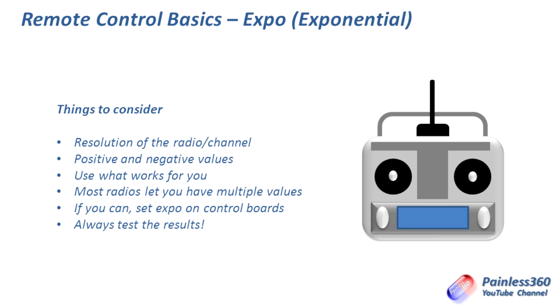If you can, that's a good idea, because the exponential on the control board actually does a slightly better job, because when you are doing very small increments of change, you can kind of bump into problems with the resolution of the channel on the radio. If you're having it done in the software on the far end as part of a control board like an APM or a MultiWii, that can be very useful.